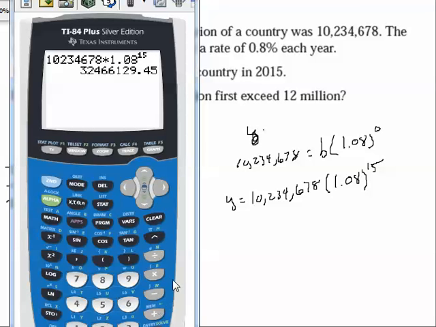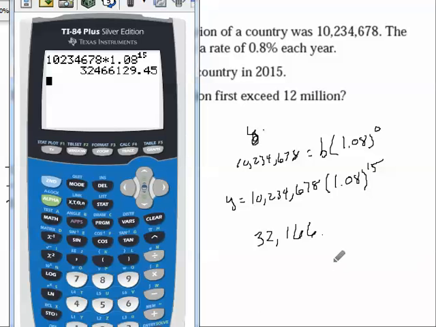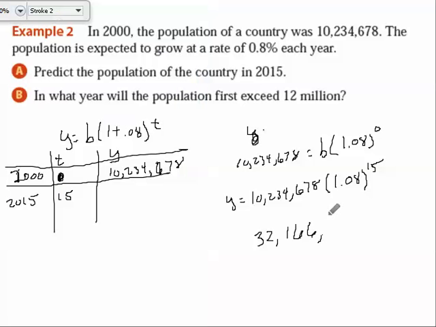And you do that and you get that number right there, which is 32,466,129. Lots and lots of people in 15 years.